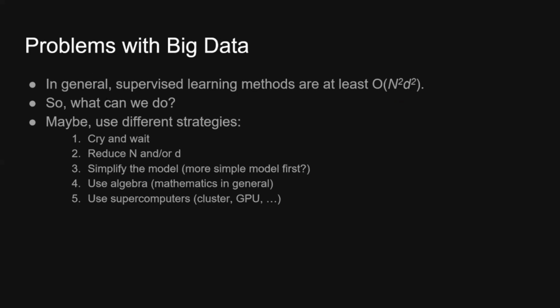Another strategy is to use a big computer. Obviously, that's helpful if you can afford it, especially a computer that costs millions of dollars. Or nowadays, GPUs are quite popular and very powerful, so you can easily convert a gaming computer into a nice data analytics machine.